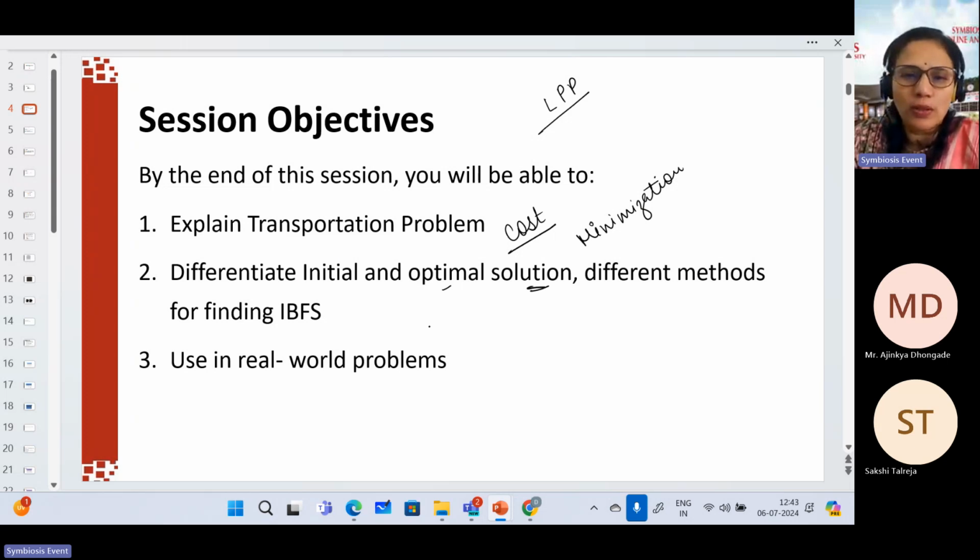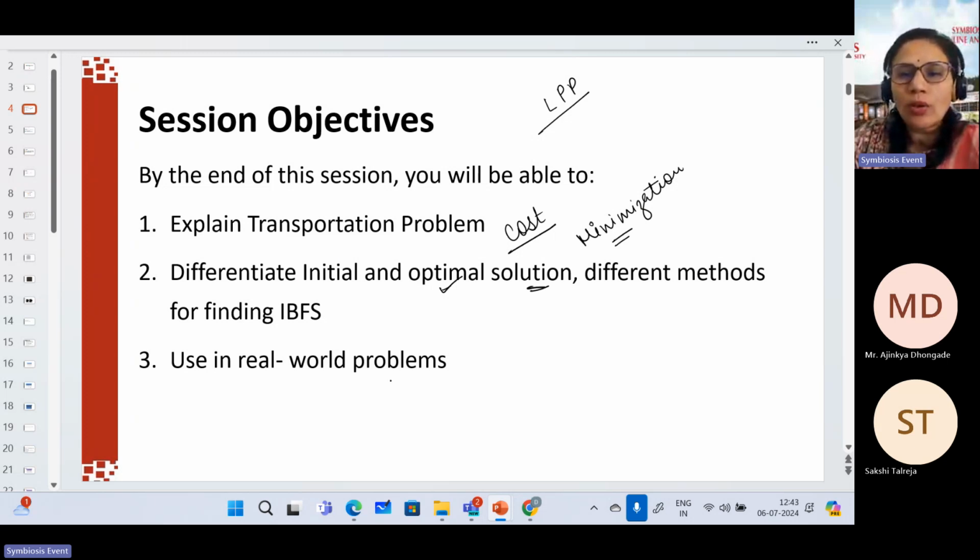Then we have the optimal solution: among all the solutions, which value is the minimum in terms of cost.